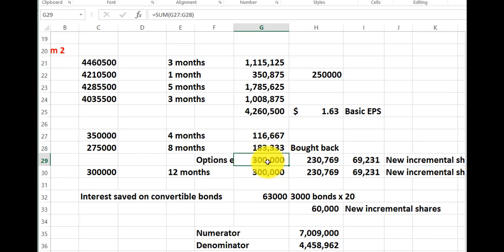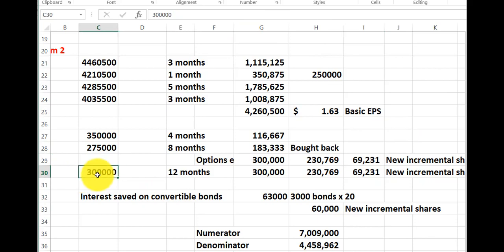So we're going to receive $50 and we're going to buy them back at $65, which means we can't buy back as many as we issued. This is how much we issued, this is how much we bought back, and this is the difference. So that's the new incremental shares. That's the assumed dilution, or number of shares that we now have to divide up net income with going forward.